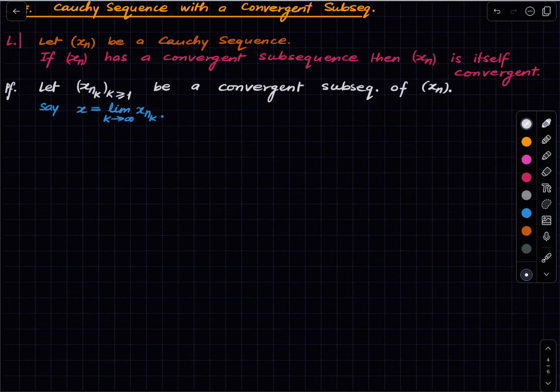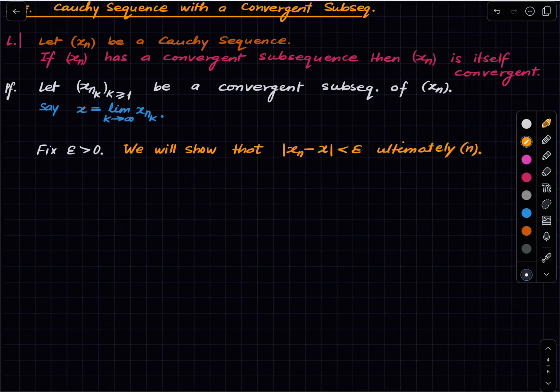So fix epsilon greater than 0, and we will show that this is less than epsilon ultimately. This will establish that the sequence converges to the point x. So this is our goal.